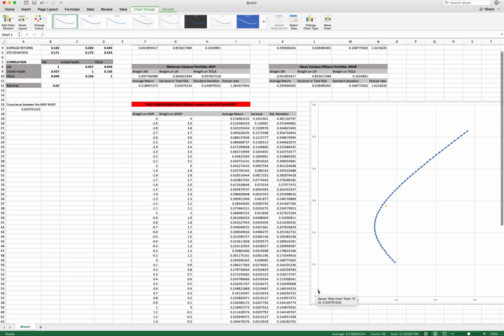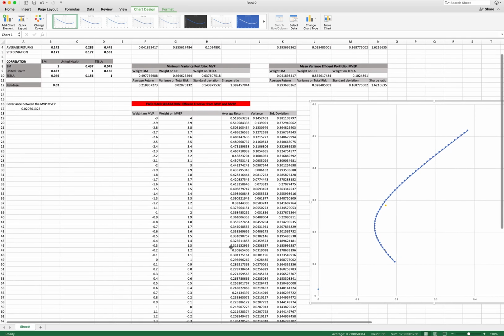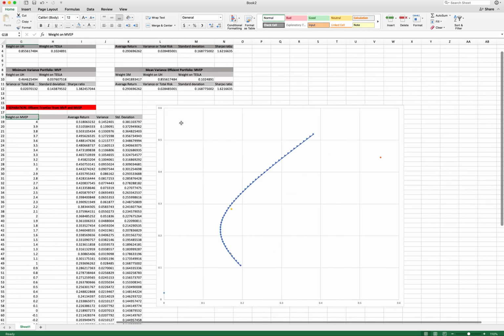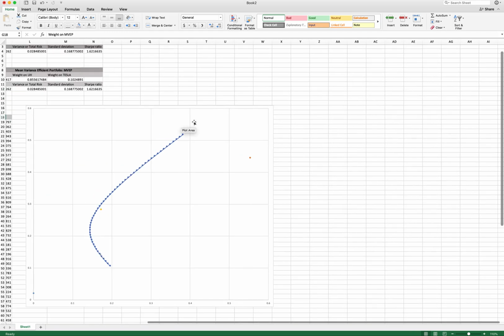Okay, that looks more like it. Here's the risk-free rate. So how do I plot the capital market line now? Well, I'm going to go back to the drawing board and find a portfolio that's a combination of the MVEP and the risk-free rate. Okay, well, let's do this out here.